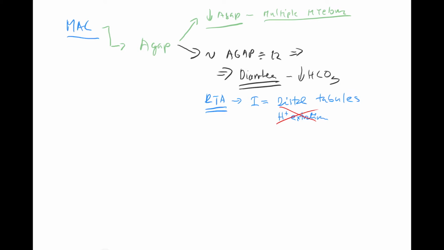In this case, you are retaining H+, and that's why you are acidic inside, okay? So acidosis. And moreover, guess what the urine pH is going to be? It's going to be alkalic.